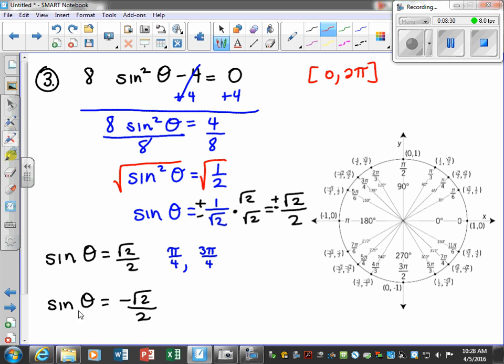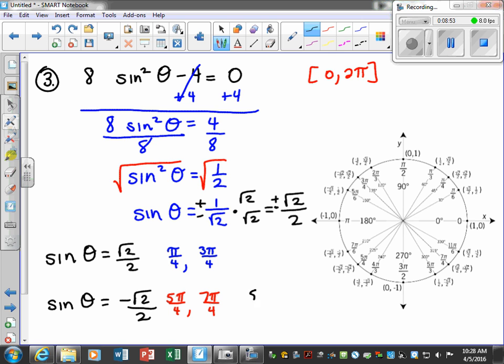All right, let's now find the y values of negative square root of 2 over 2, which are going to be right here, 5 pi over 4, and right here, 7 pi over 4. So let's jot those down. So 5 pi over 4, and also 7 pi over 4.